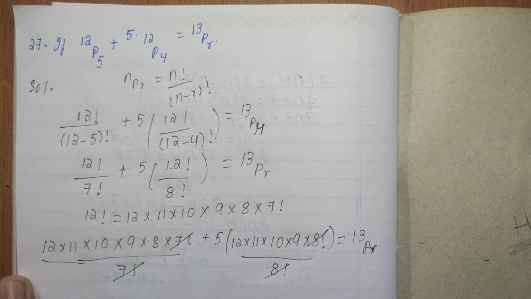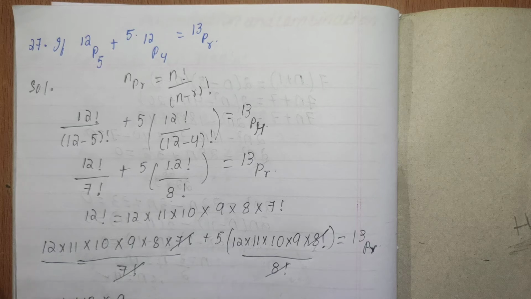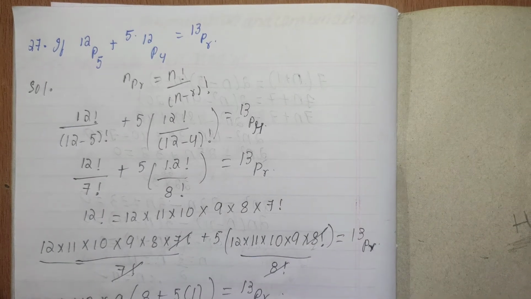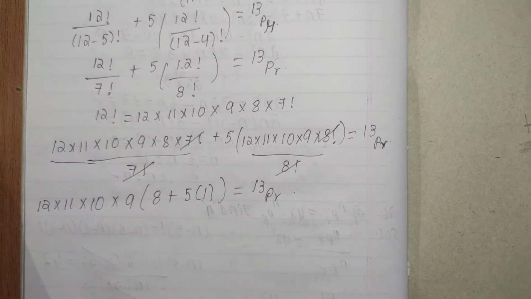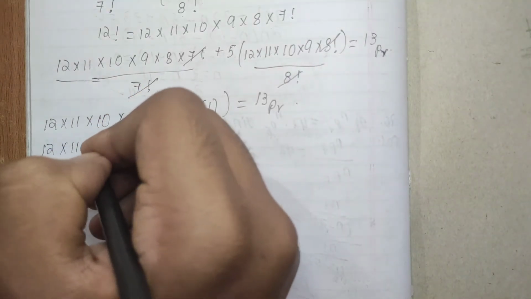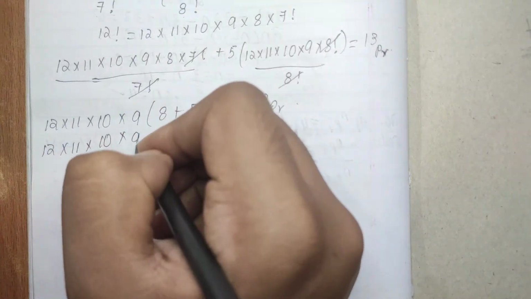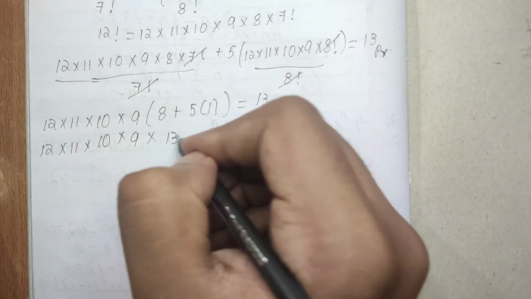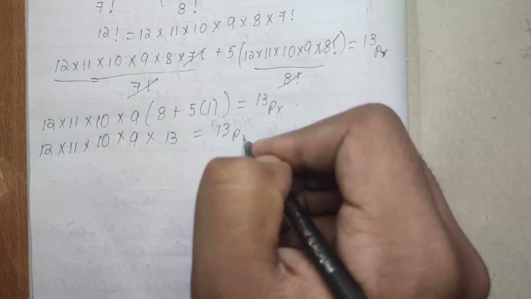So take common 12 into 11 into 10 into 9. So you are left with 8 plus 5 into 1 is equal to 13Pr. So this is 12 into 11 into 10 into 9 into, and this value is 8 plus 5, that is 13, is equal to 13Pr.